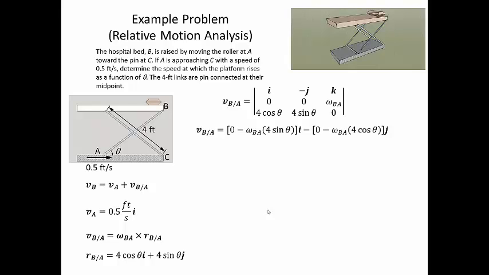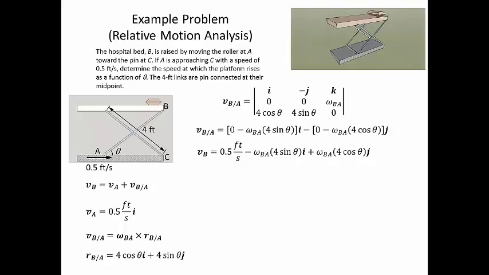We place a negative sign for our j direction and get 0 times 0 minus omega BA times 4 cosine of theta in the j direction. In the k direction, we simply have a 0 times 4 sine of theta, which is 0, minus 0 times 4 cosine of theta, which is also 0, so we don't need that k component.